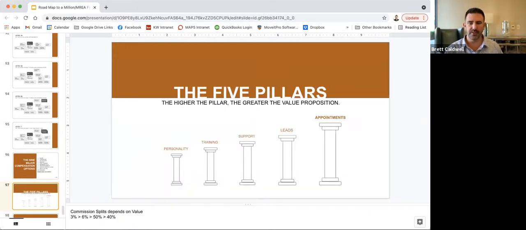And then ultimately, this is a bigger conversation that I want to make sure we have before we close up, because teams need to understand their value. There's really 5 pillars around value that a team brings to the table for agents to get in business with them. And you have to understand the evolution of value.